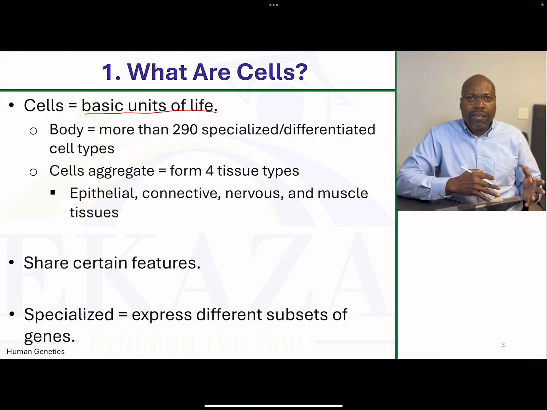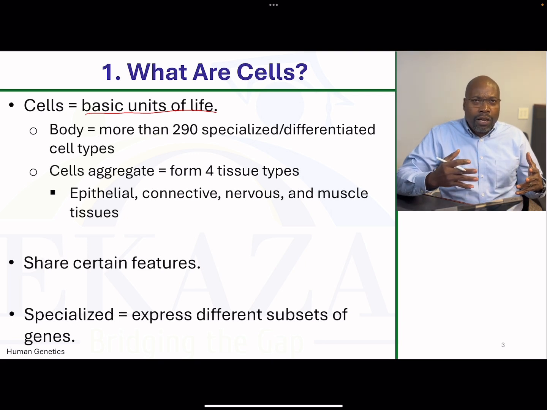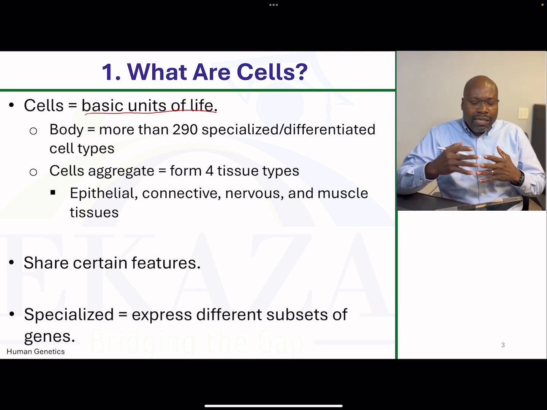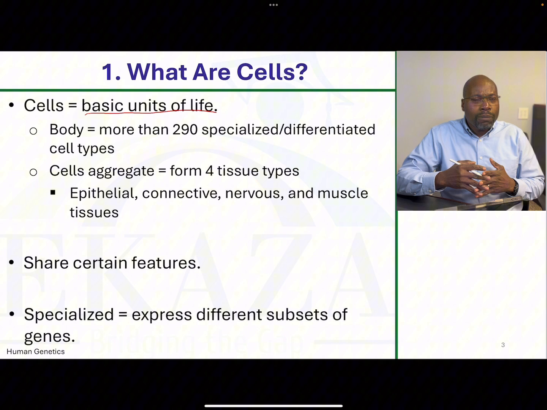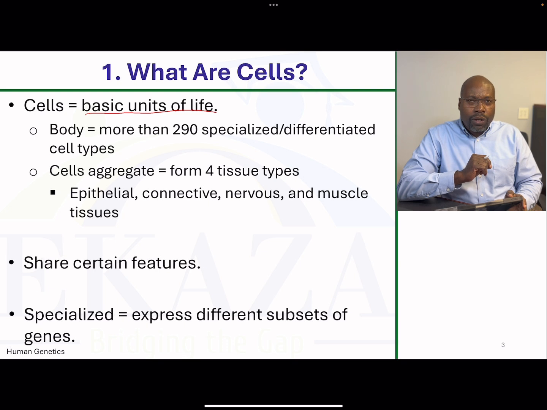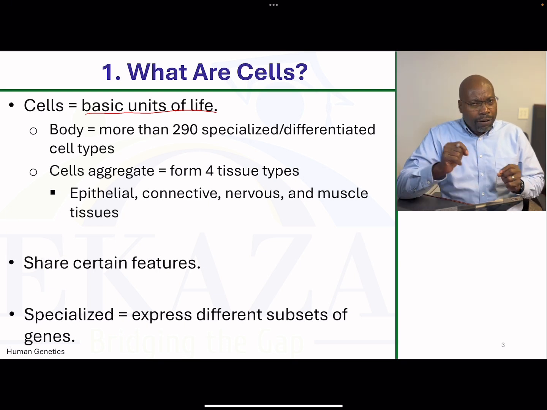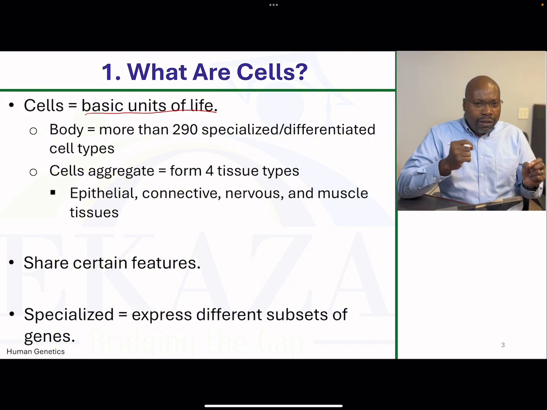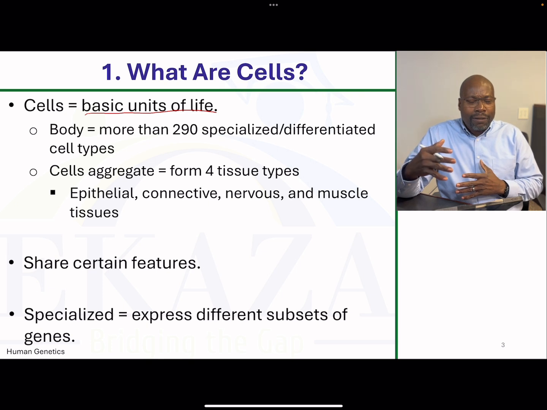Some of the cells are specialized cells. Some cells are stem cells. And when we talk about specialized cells, we talk about cells that are differentiated. In other words, when you consider, for instance, skin cells, liver cells, nerve cells, epithelial cells, these cells are all different, right?